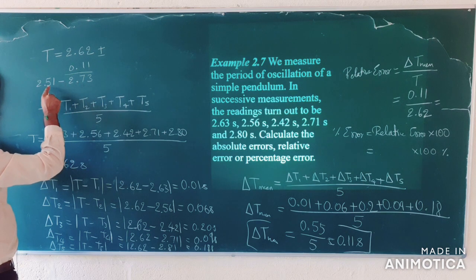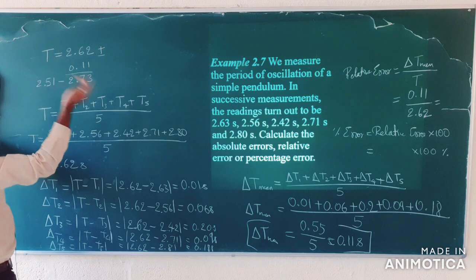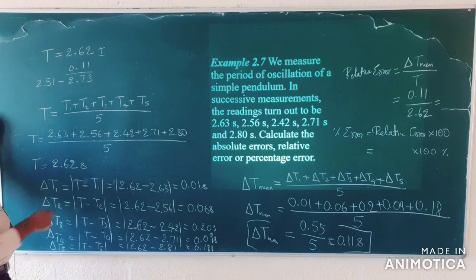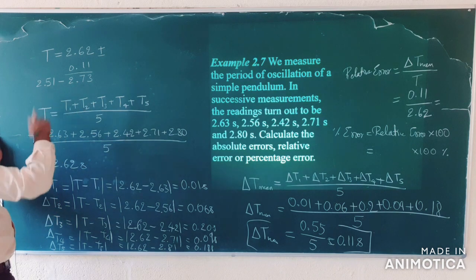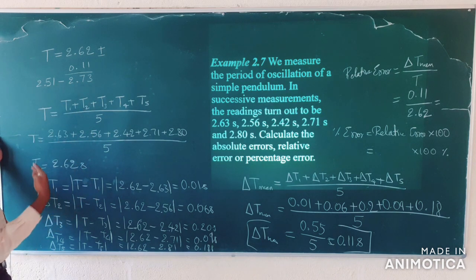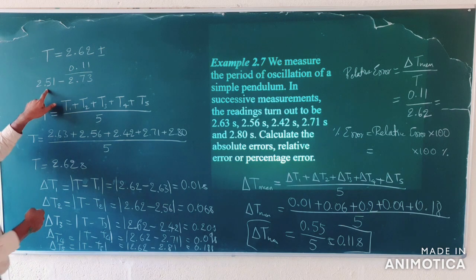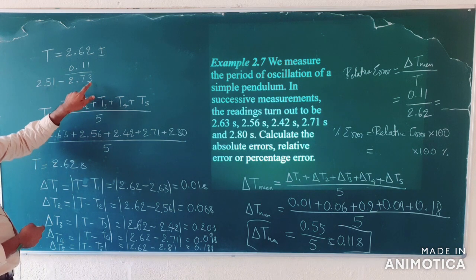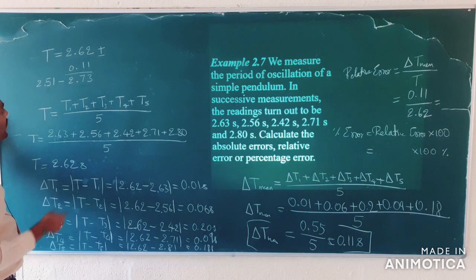So when the first decimal itself is varying this much from 5 to 7, the variation in the second decimal is least bothered. Following? The first decimal place itself is varying from 2.5 to 2.7. So the second decimal is not that significant.